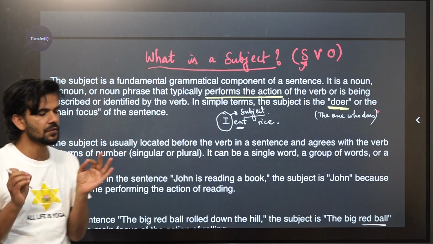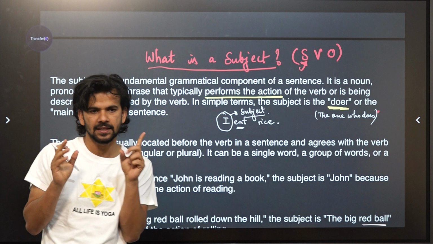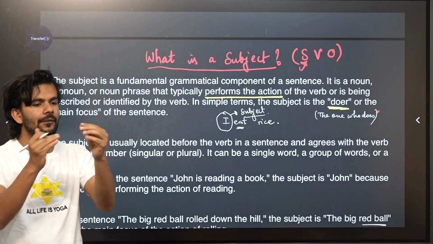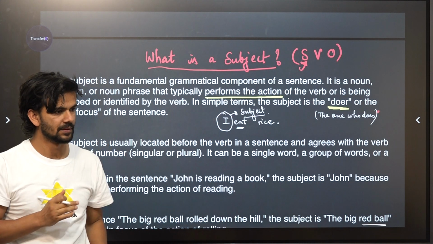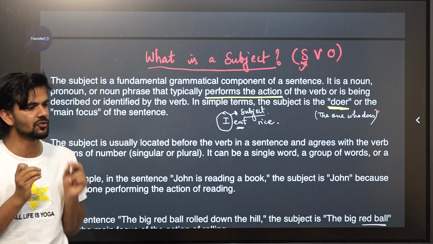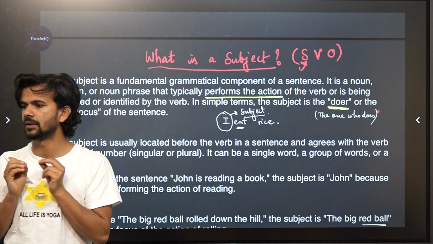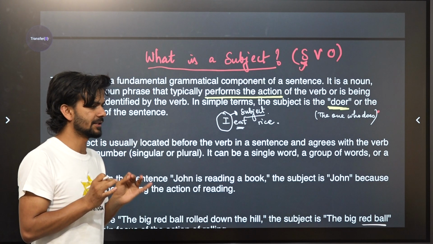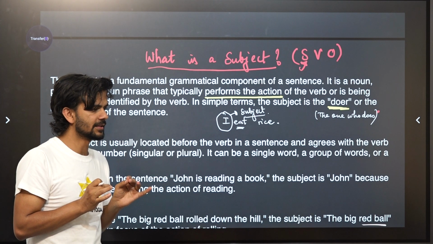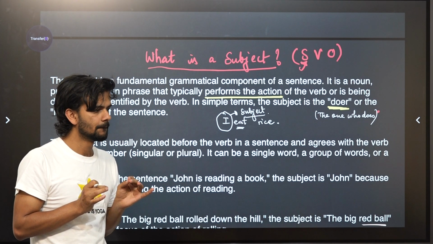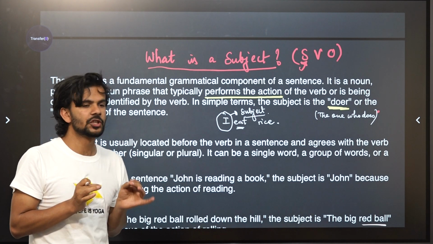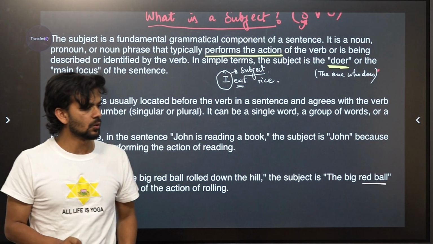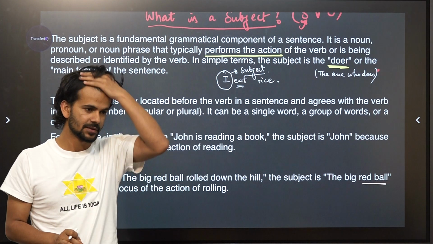So in a sentence, if you want to find out the subject, the first thing to do is find the action. Find the action and then question yourself, who is doing this action? For example, Saroj is sleeping.